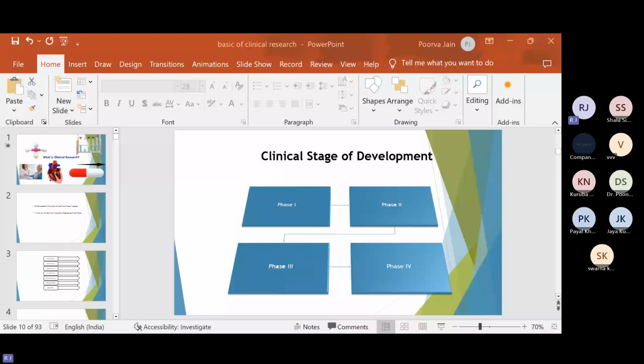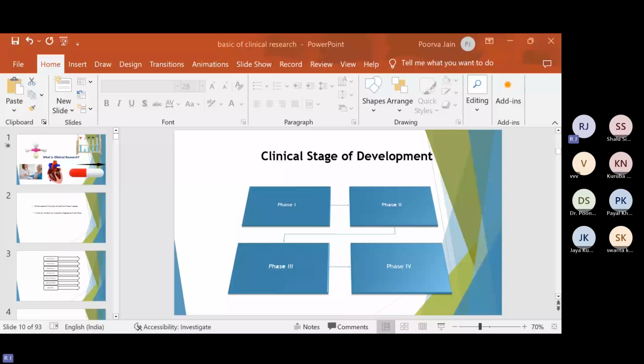Please do let me know if you can see my screen now. Am I audible? Yes, but sir, the screen is not visible properly. Okay, I think there's some technical issue. Now also it's not visible.